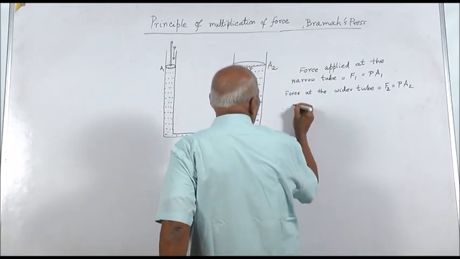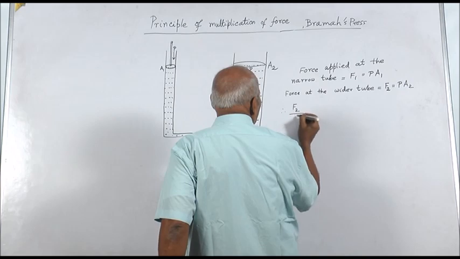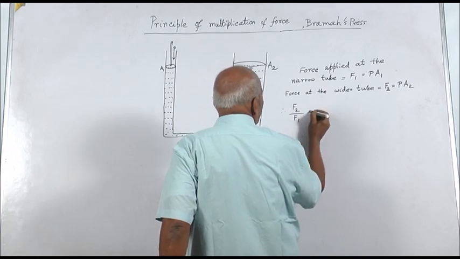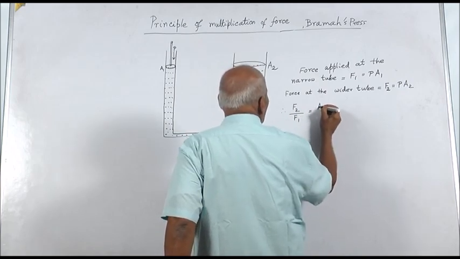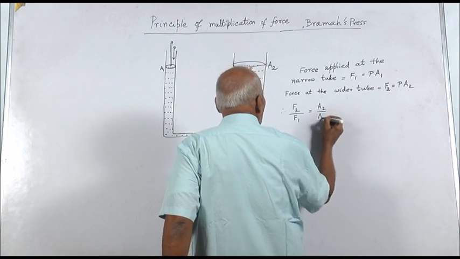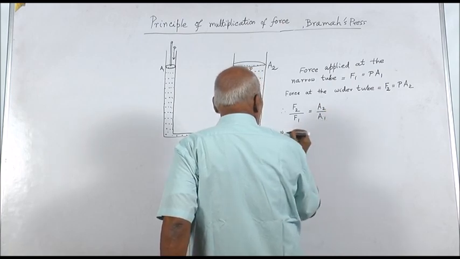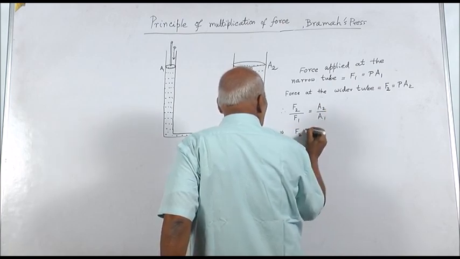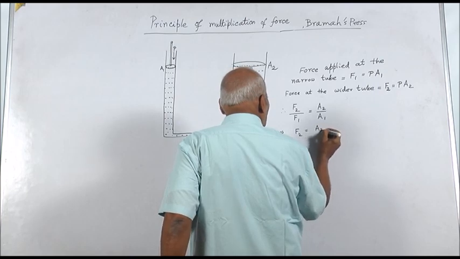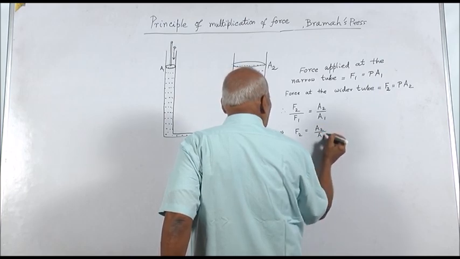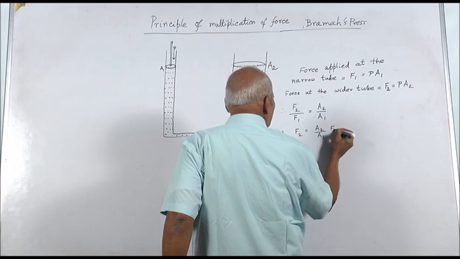So, naturally F2 by F1 is equal to A2 by A1. This implies F2 is equal to A2 by A1 times F1.